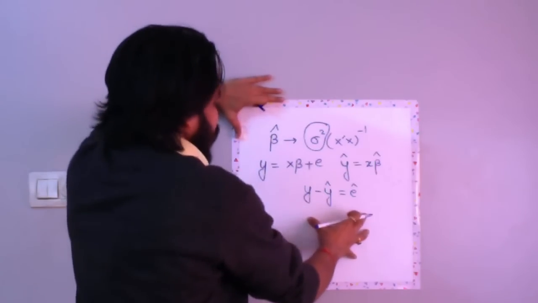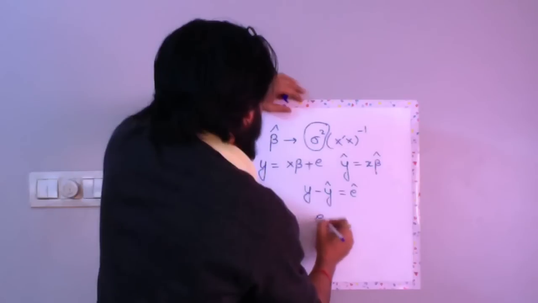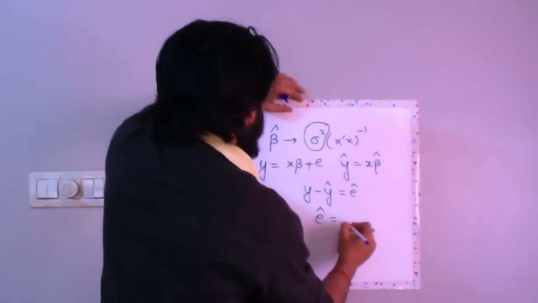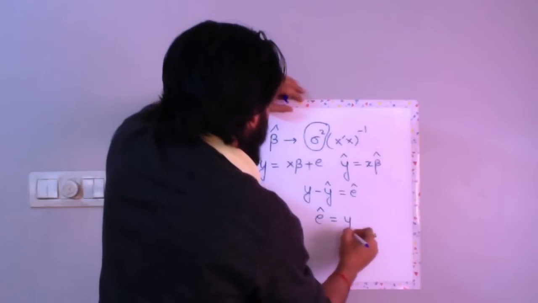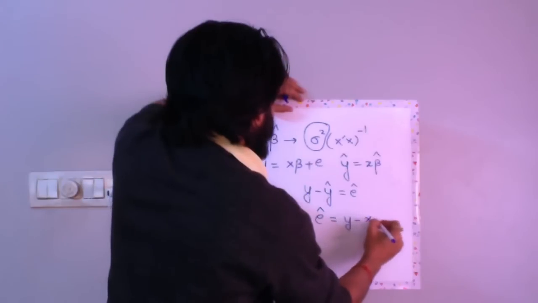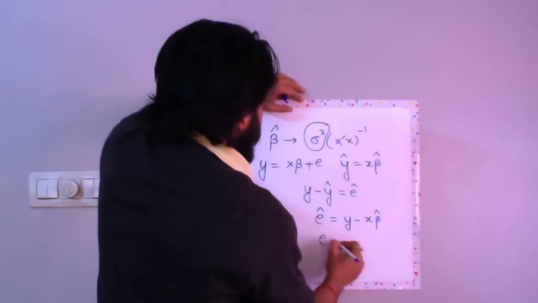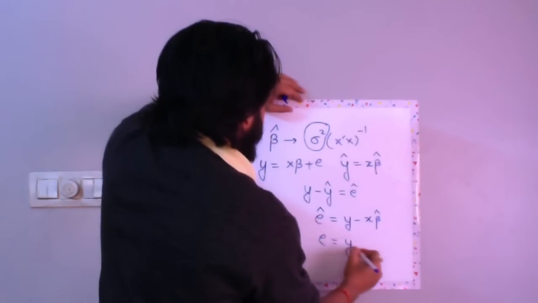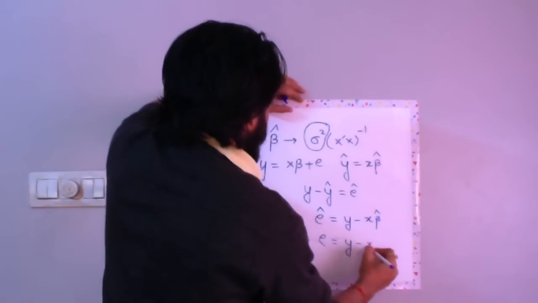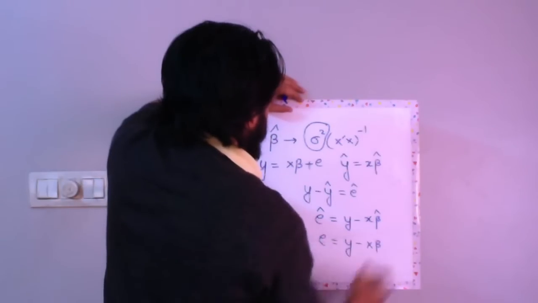So you can also think of it this way: e hat is equal to y minus x beta hat, and e is equal to y minus x beta.